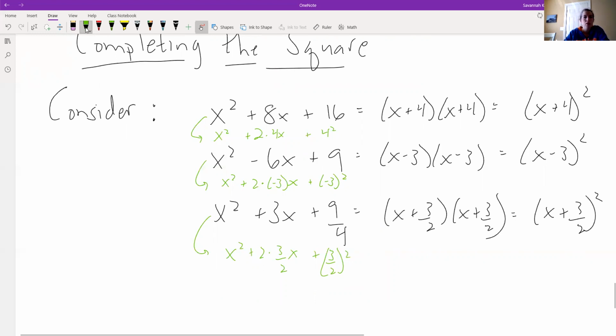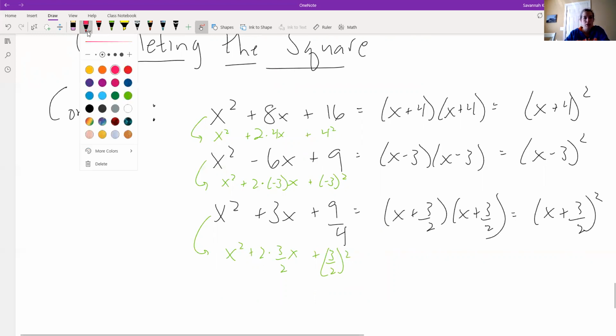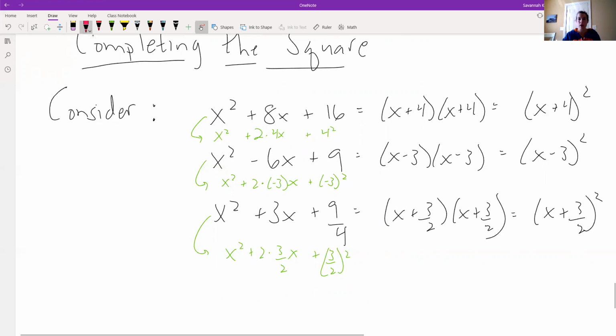Now, the thing that I was attempting to get across by writing these three factorable polynomials the way I did was notice this was the same quantity that ended up in the final answer.